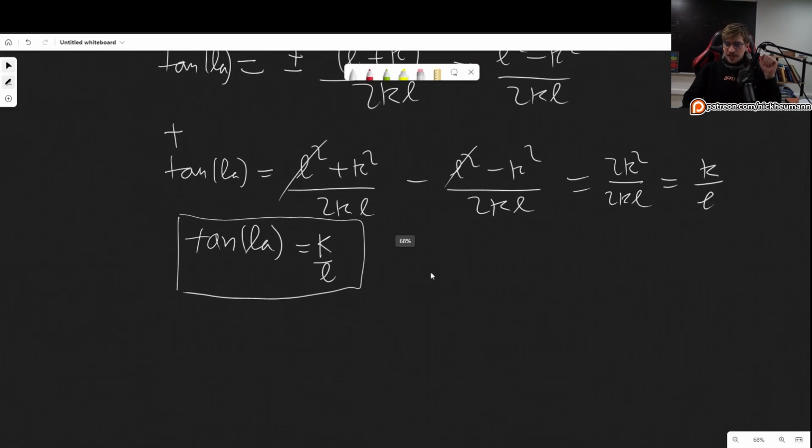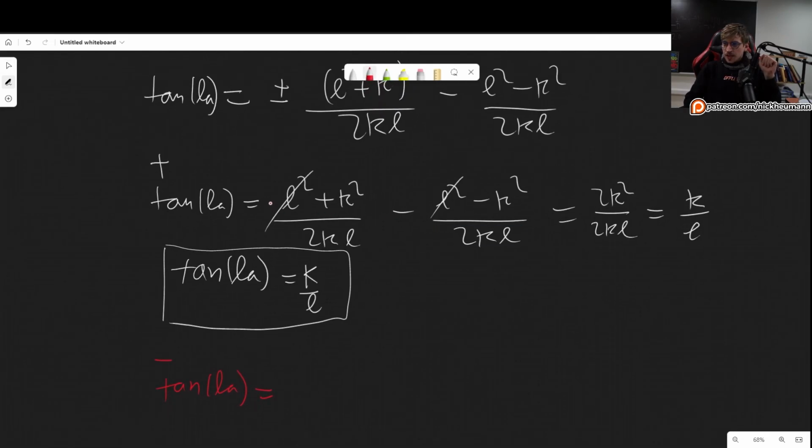Now we can do the same for the minus sign. So we get that the tangent of LA is, and now, well, we get a minus in front. So this time we get minus L squared minus L squared, so we get minus 2L squared. And we get minus K squared plus K squared. So this 2KL.